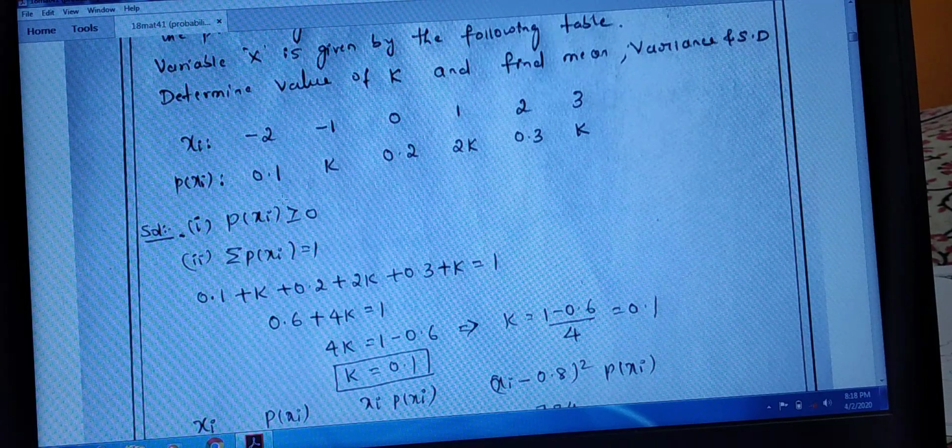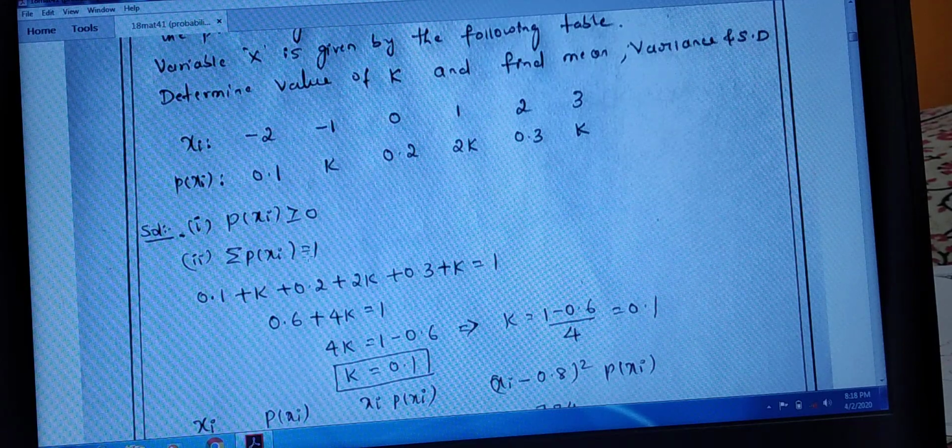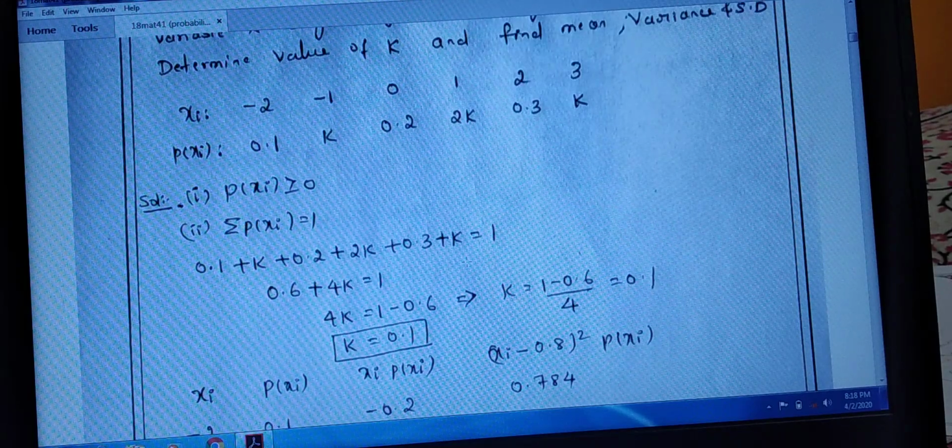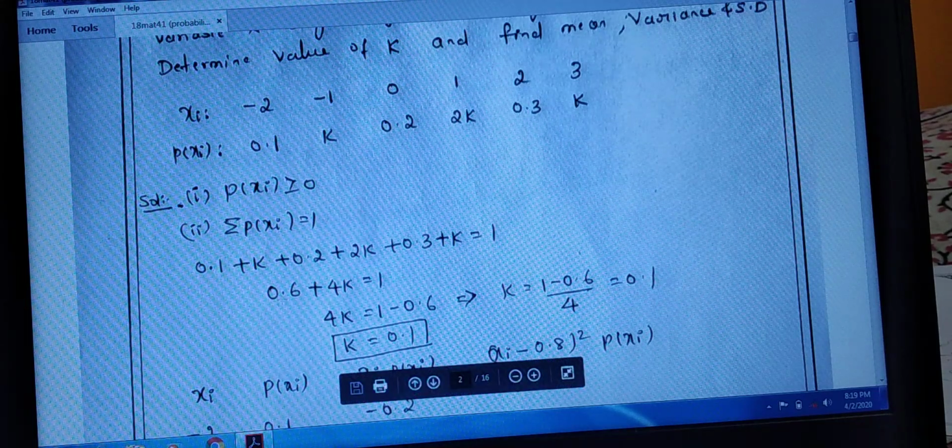So we add all these values: 0.1 plus k plus 0.2 plus 2k plus 0.3 plus k, which equals 1. We add the numbers: 0.1 plus 0.2 plus 0.3 is 0.6.